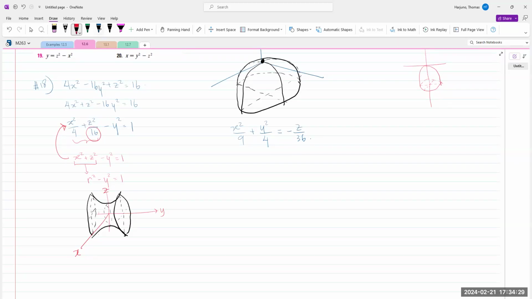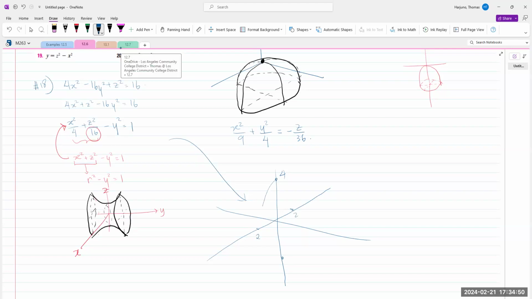So this graph will then become, in the c direction, that will be 4. In the x direction, that will be 2. That's the cross section on the xc plane, right? But then it will get larger.